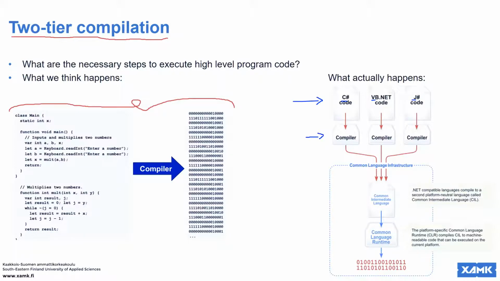And as the result of this compilation, there is not machine binary, but instead, in this example, something called an intermediate language, or in the specific Microsoft .NET language, it's common language runtime or common intermediate language.